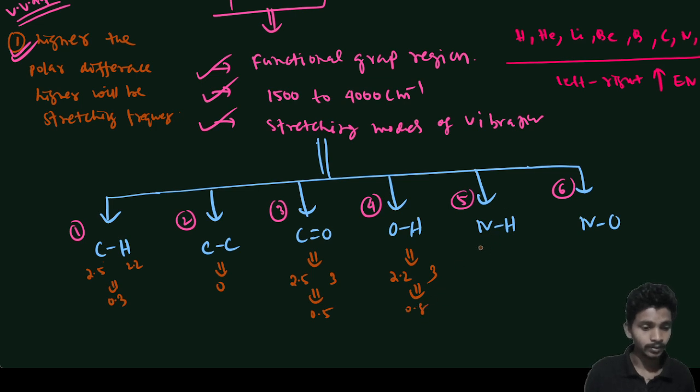For nitrogen, hydrogen is 2.2 and nitrogen is, let's say, 2.8, approximately, then the polar difference is, let's say, 0.6. And for nitrogen oxygen, nitrogen is, let's say, 2.9 and oxygen is 3, approximately, then the polar difference is 0.1.